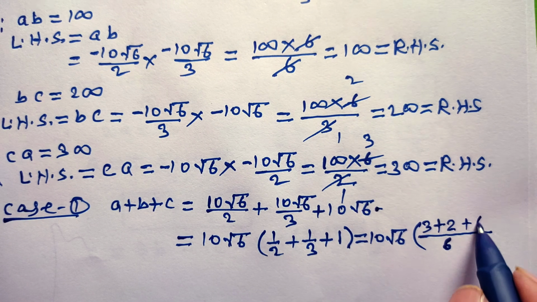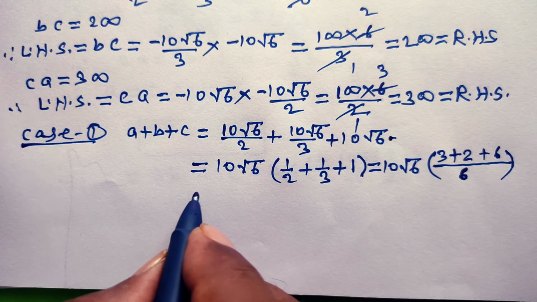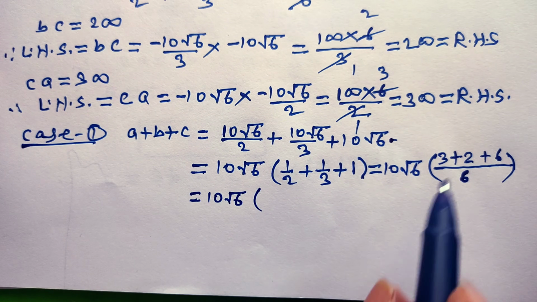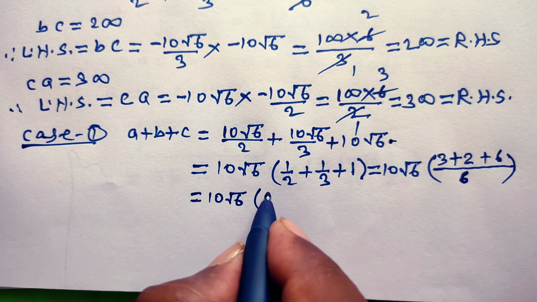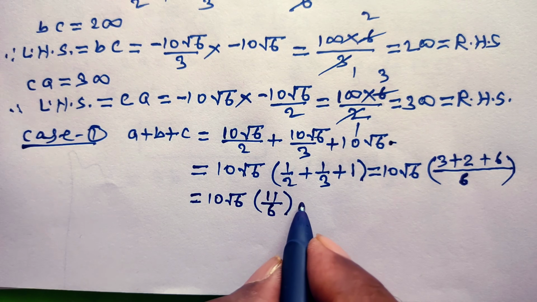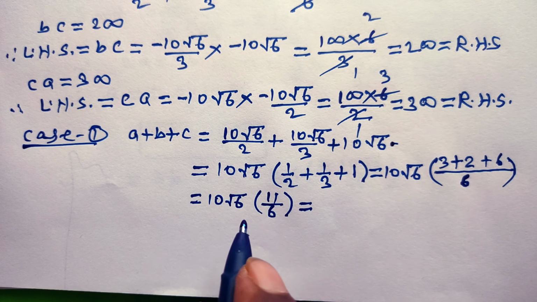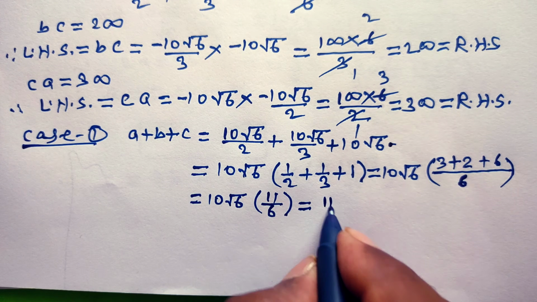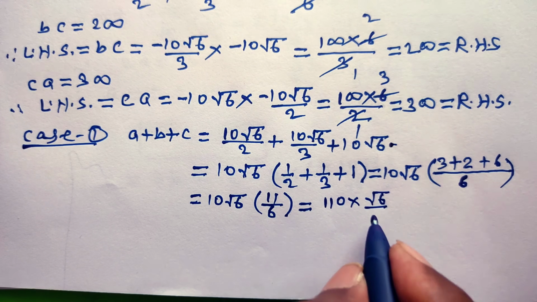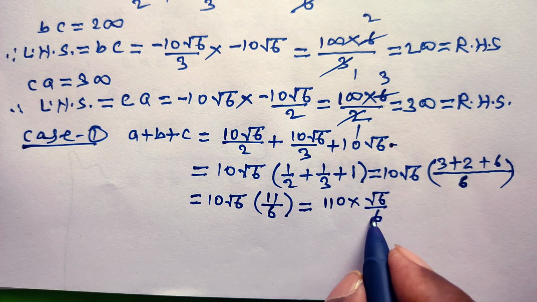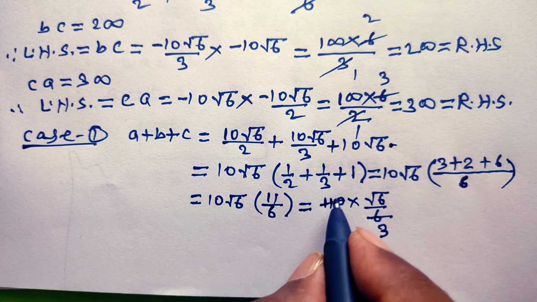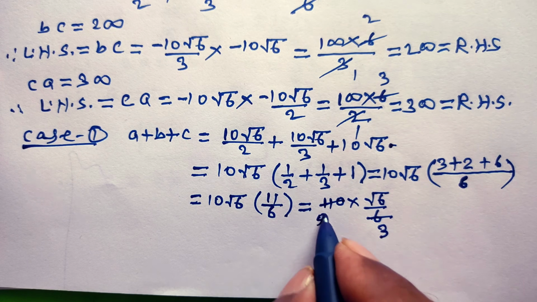1 into 6, 6. Hence, this is equal to 10 times square root of 6 into bracket 3 plus 2, 5 plus 6, 11 divided by 6. Simplify this. This is equal to 10 into 11, 110 into root 6 divided by 6. If we divide this 6 by 2, this gives 3, and this by 2, this gives 55.